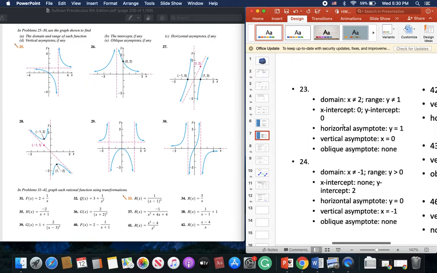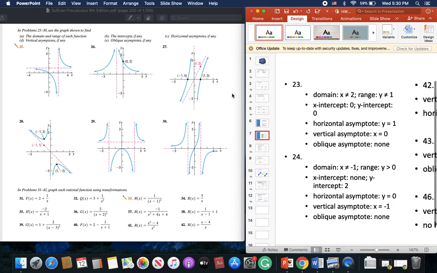You see, problem 23. We have to find the domain, range, intercepts, etc. So for this graph, what will the domain be? We have only one asymptote, at x equals 2. That means, this is the vertical asymptote, right? So the domain will be all real numbers other than 2. That's why I wrote it here.